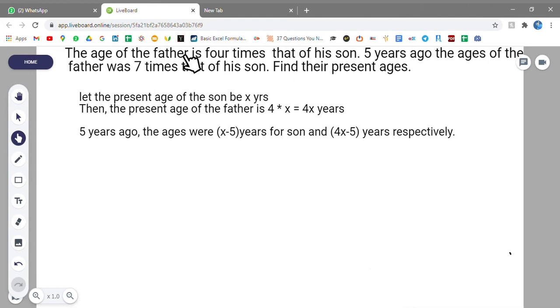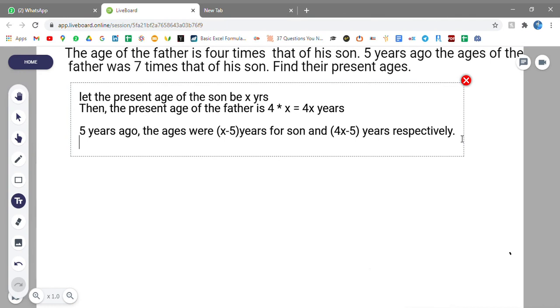Now let us continue and understand the problem once again. The age of the father was 7 times that of his son. Here they have given us a relationship between the age of the father and son, so that we will be able to derive the equation. So let us do that derivation.